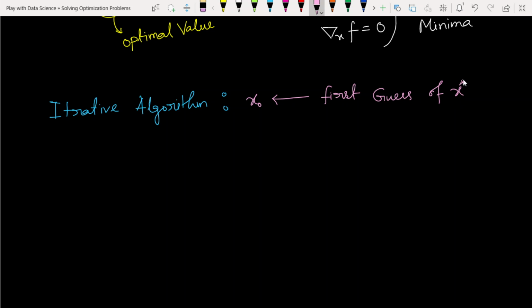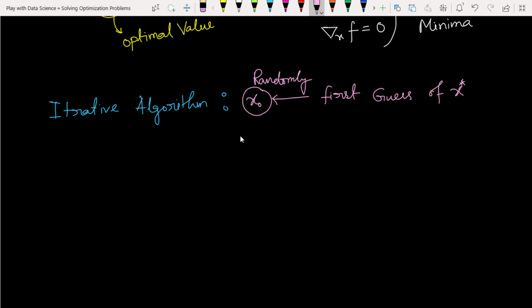X star means our final value, the optimal value, and at first we choose this x naught randomly.